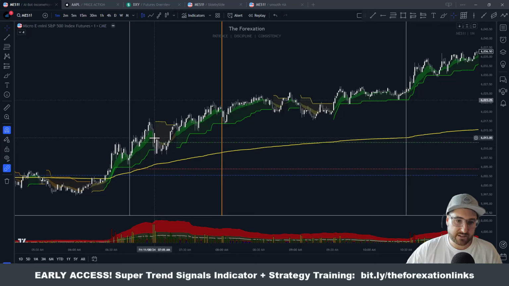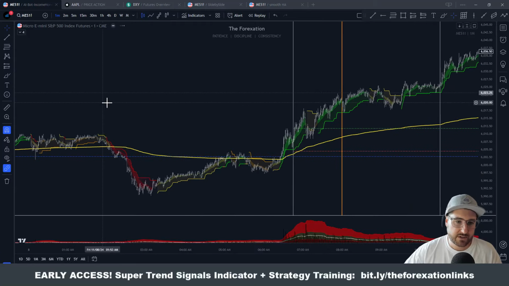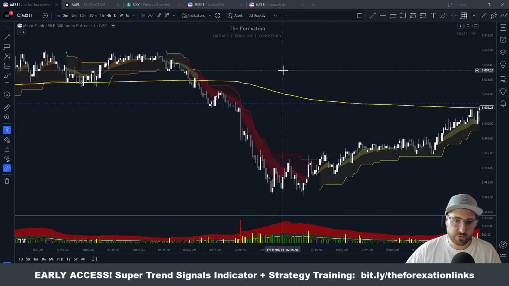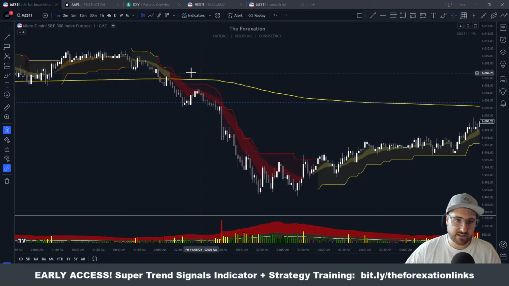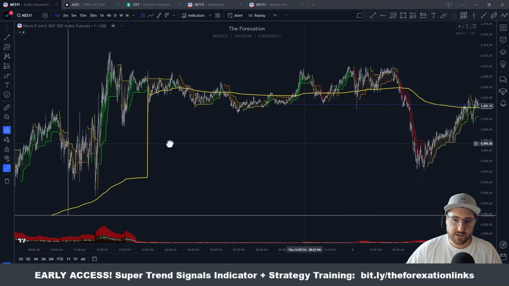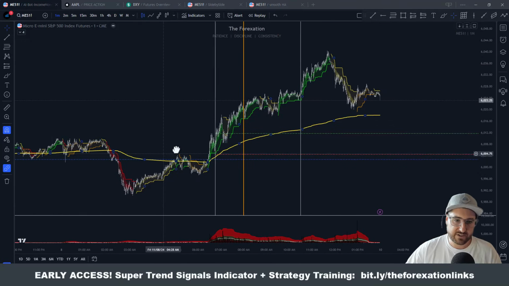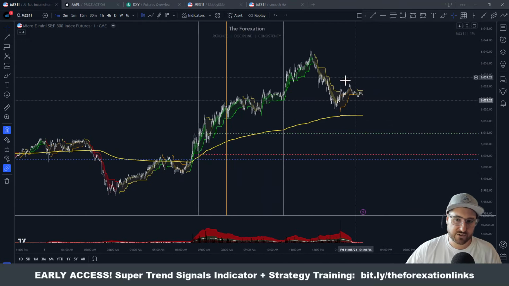Yellow is a counter trend trade, so we're doing pullbacks during this section, and this should not be taken as a short. Now, if we zoom back, we could see when we should be taking a short, it does indeed turn red, and we can get in on that short. And of course, we use that VWAP to help color code the system, but to visually see where that bias is. Are we bullish or bearish?